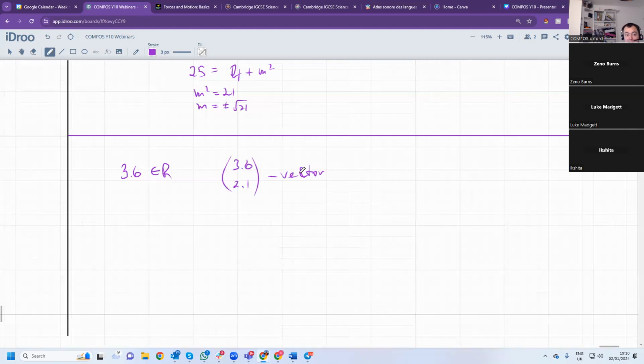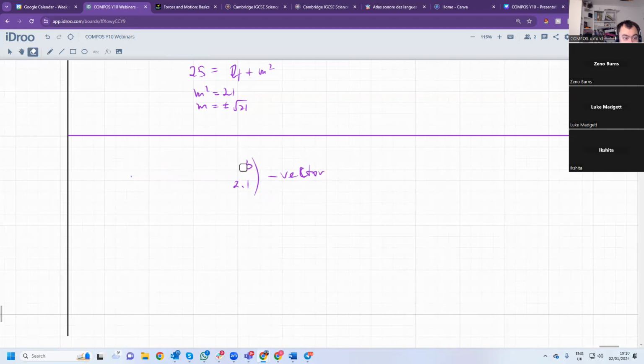So they are fundamentally different. A vector is a pair of numbers, or it could be a triplet of numbers, or a group of numbers. When you add two vectors, you get a vector. When you subtract two vectors, you get a vector.